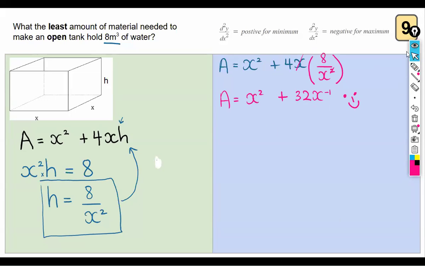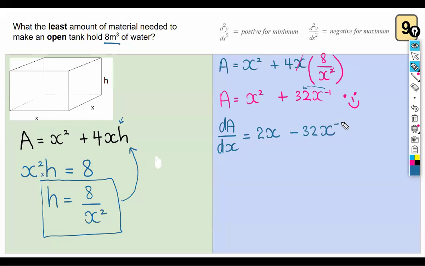Right, this one will be a little bit harder. No problem. Let's do this in slow motion. Differentiate once, dA dx. When you differentiate x squared, you'll get 2x. That's easy. This one, you throw the power in front, so the minus 1 will meet the 32. So you get minus 32. And then you minus 1 from the power.